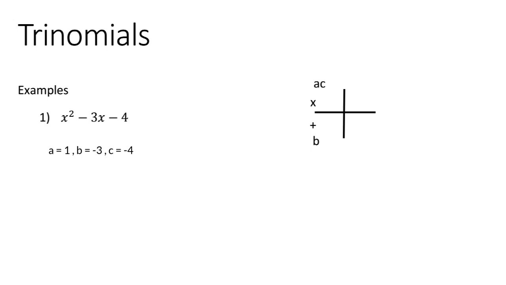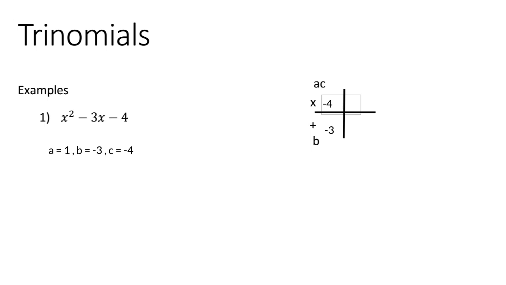So I'm going to do 1 times -4, which is going to be -4. And that's me populated top left of the window. For the bottom of the window, I'm just going to put in whatever I've got for B. In this case, B is equal to -3. So I'm going to stick -3 in the bottom left of the window.